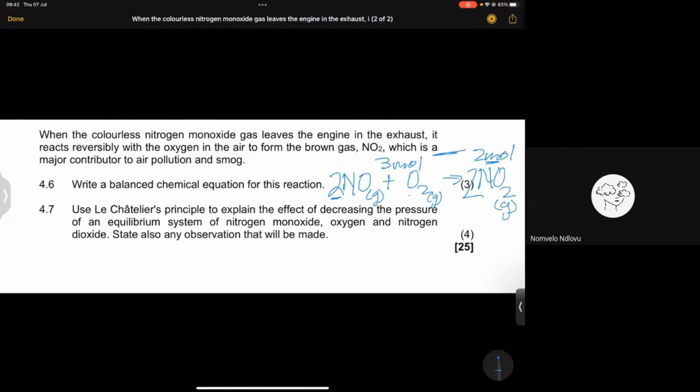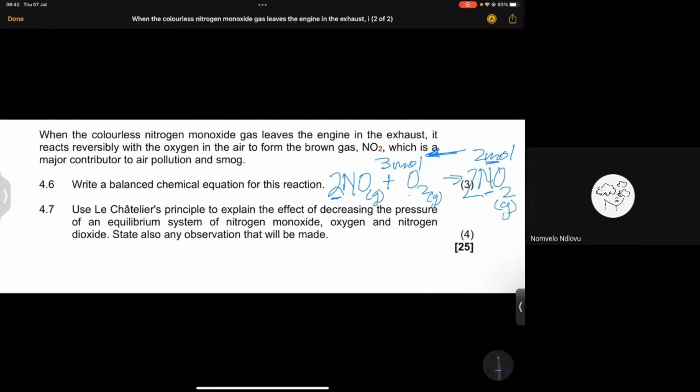So in this particular case, the reverse reaction is favored. It means that we are going to have less nitrogen dioxide, and we're going to form more nitrogen monoxide.